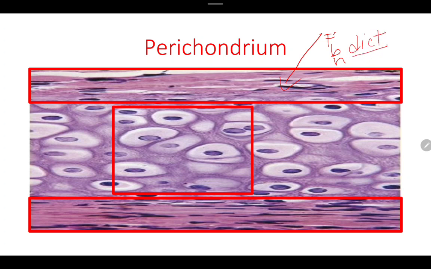So, since dense irregular connective tissue, collagen type 1. Okay, in this particular picture, guys, you can see a chondrocyte. Walang fiber na makita. So, ibig sabihin, it's collagen type 2. Okay? Same thing din po. You have your one perichondrium here and then another perichondrium here sa baba. Okay? Still the same component.